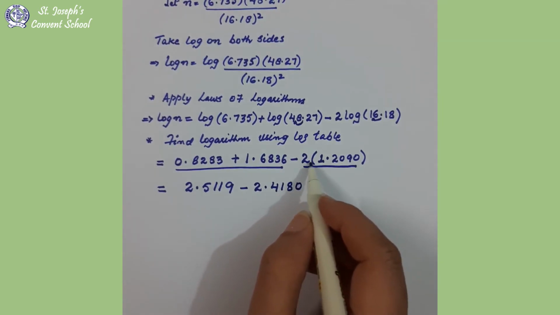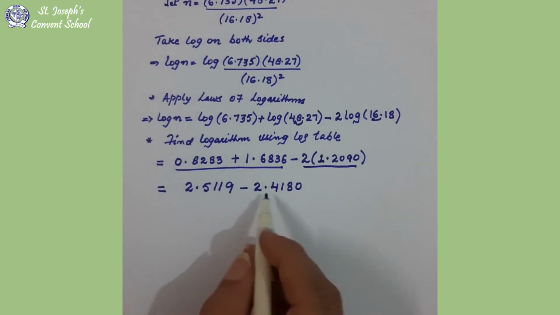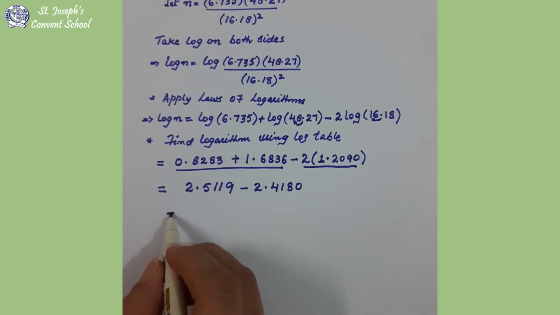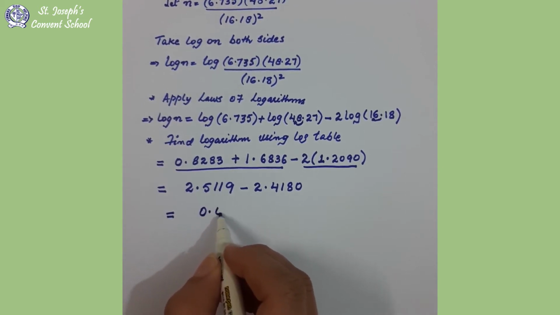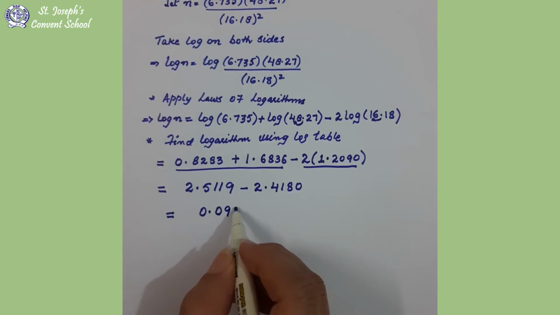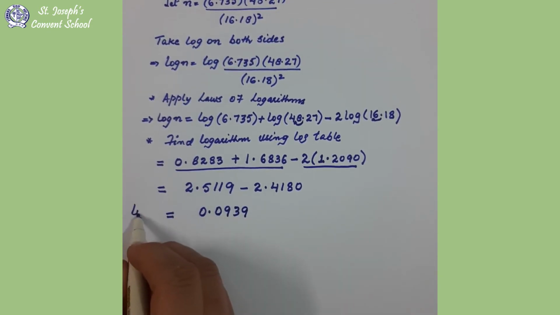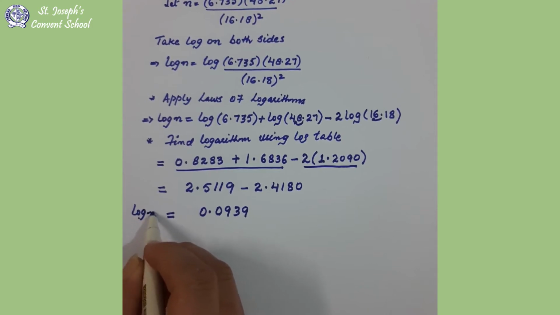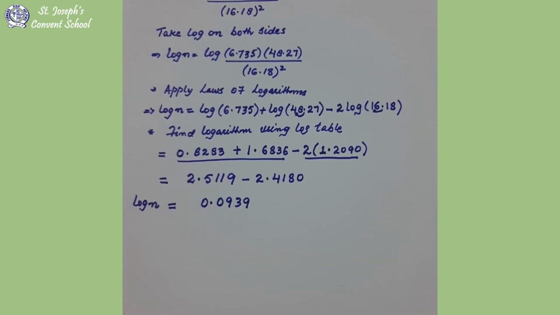So with the calculator you can multiply 2 into this number. Now these two you will subtract, so you will get 0.0939. This is log n. Okay, so we have solved the log step.